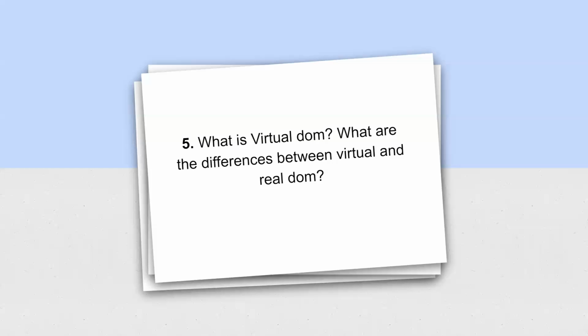The difference between virtual and real DOM. Real DOM is a language-neutral interface allowing programs and scripts to dynamically access and update multiple objects like content, structure, and style of a document, whereas virtual DOM is a collection of modules designed to provide a declarative way to represent the DOM for an application.